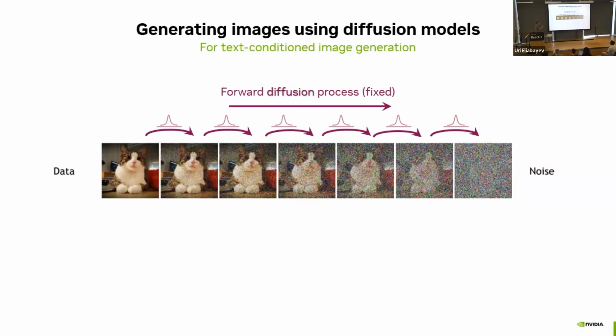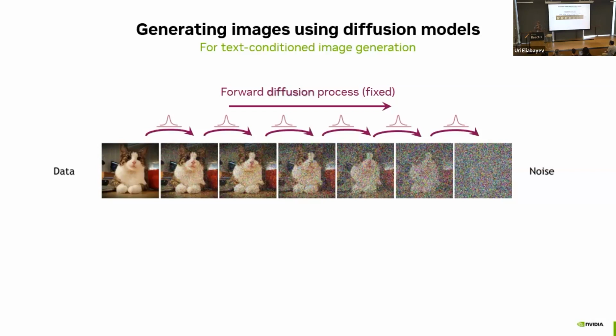You take images, and this is a nice kitten here, and you add some noise. And then you add more noise. The noise is just Gaussian independent noise per pixel. So you just repeatedly add more and more noise to your image until at some point you get something that's completely noisy.